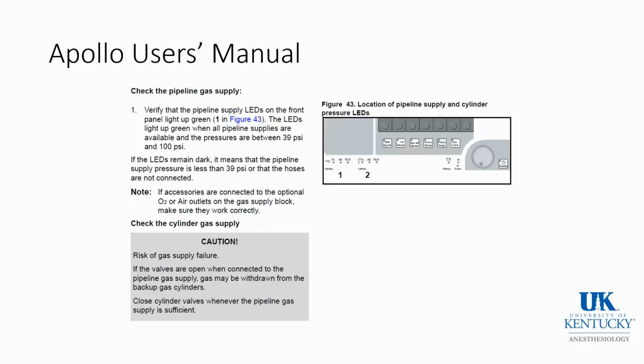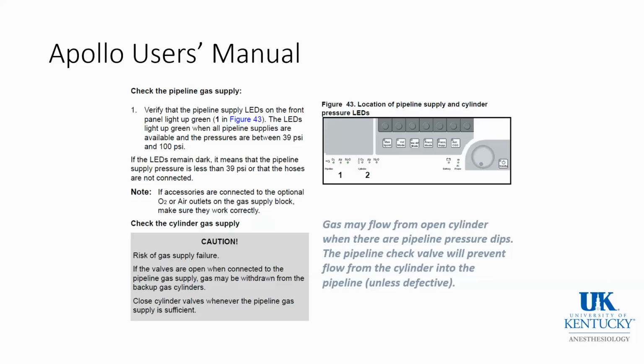And if the oxygen cylinder valves are open, it is possible that the gas will be depleted. So, in conclusion, you must close the cylinder valves whenever the pipeline gas supply is sufficient. Same slide, just reiterating that gas may flow from an open cylinder when there are pipeline pressure dips.